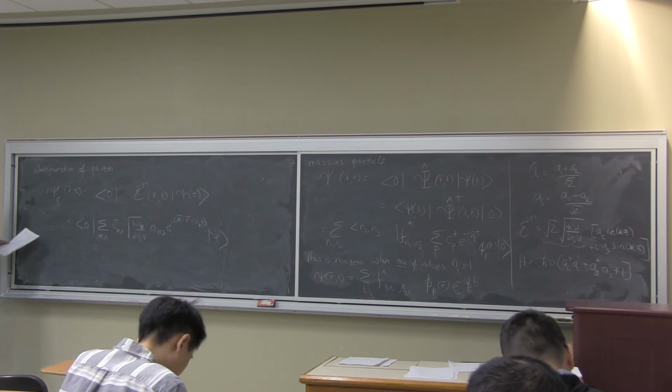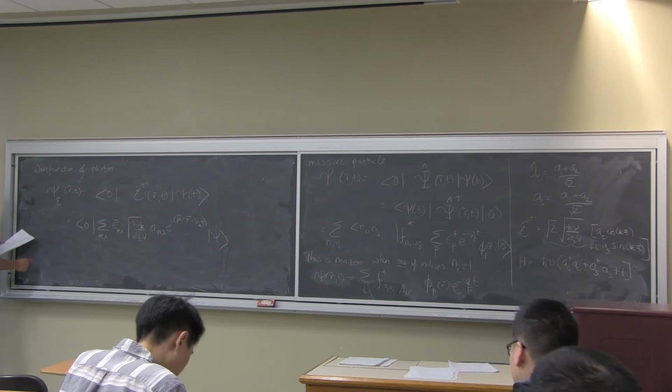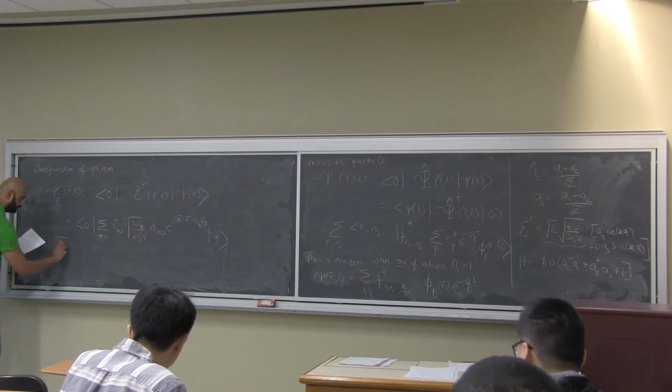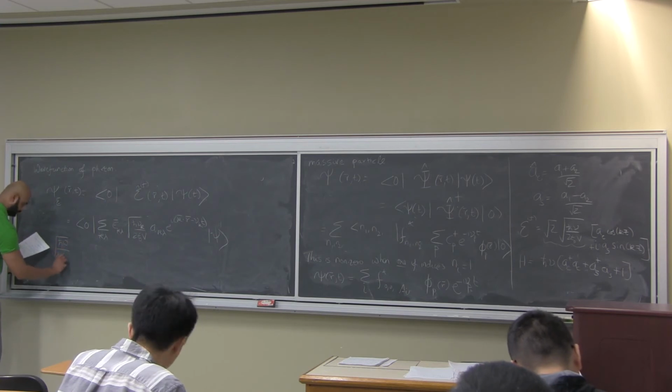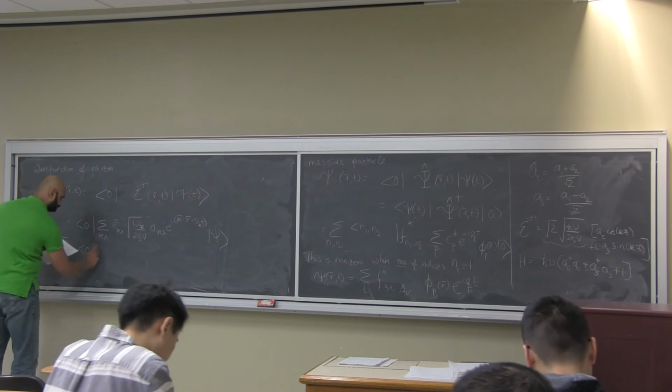So for example, if I have this, I can write that as square root of h bar omega over 2 epsilon naught.